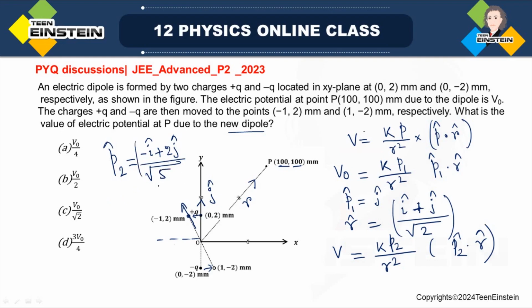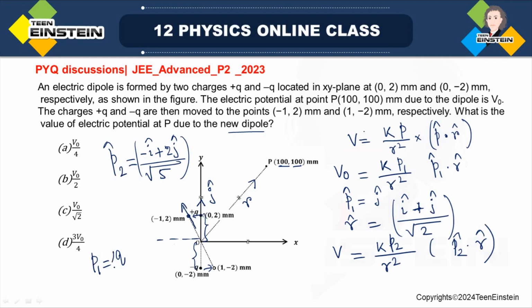So this is actually unit vector P2 cap. Now this P1 and P2. P1, that means the magnitude of the dipole moment P1, is just the magnitude of the charge times the distance between the charges. So this is 2 units and this is another 2 units, so 4 units.